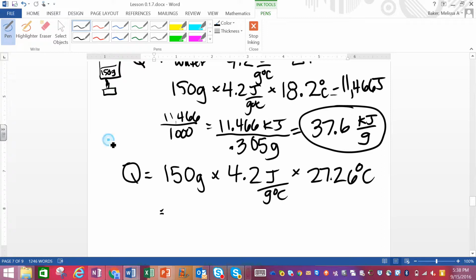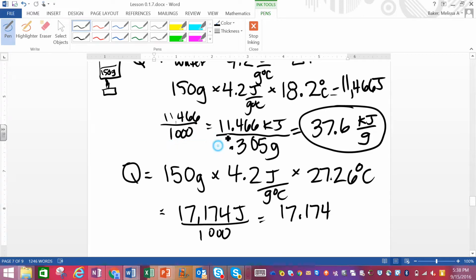When I punch that into my calculator, it comes out to be 17,174 joules. If I divide that by 1,000, I get that into kilojoules, 17.174.